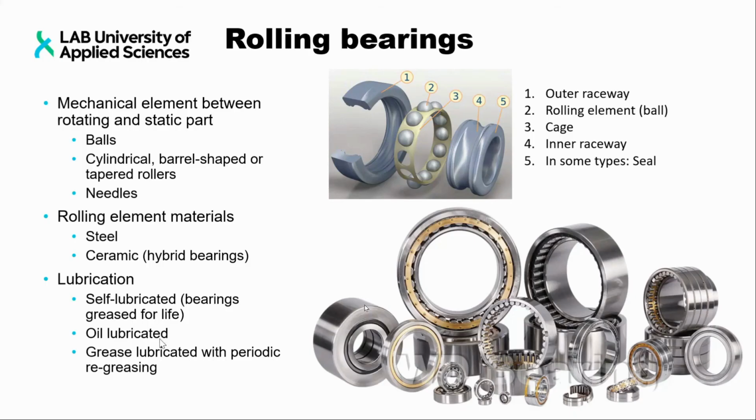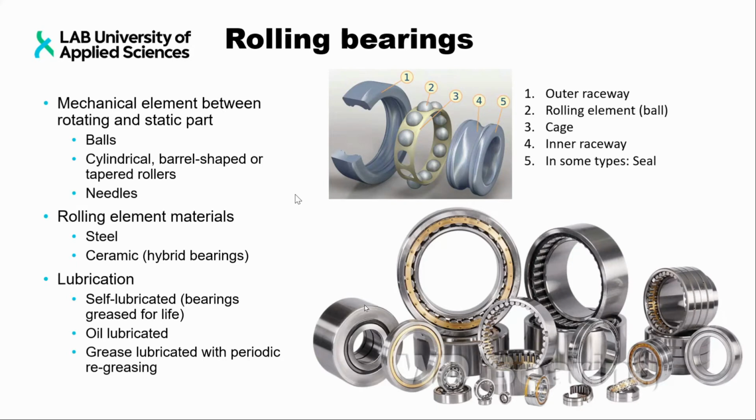And the grease lubrication can also be introduced with periodic regreasing. So there could be a pipeline to the bearing, and there could be a greasing device that is pumping grease to the bearing at certain intervals.